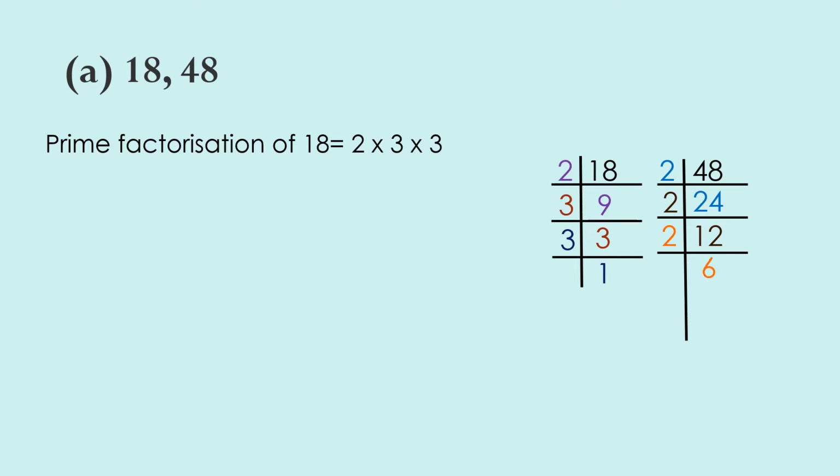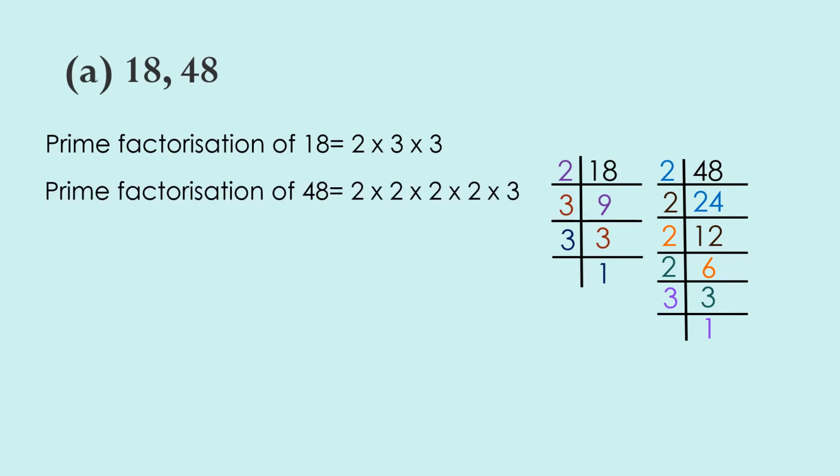Again 2, 6 twos are 12. 2, 3 twos are 6. 3 ones are 3. So we can write 48 as 2 into 2 into 2 into 2 into 3. So these are the prime factors of 48. So we can write it as the product of prime factors.